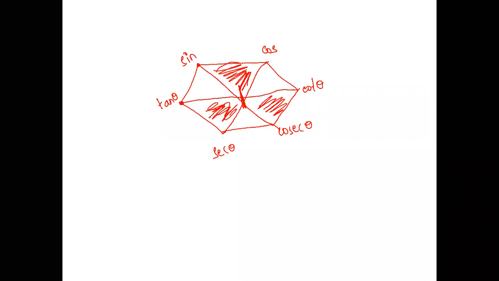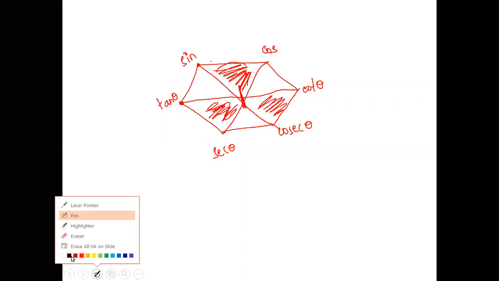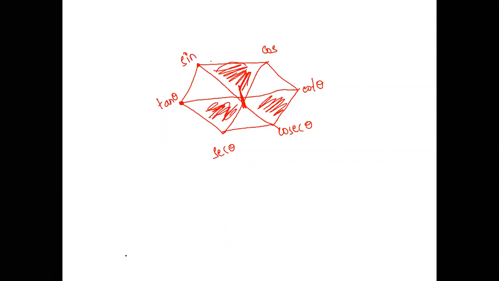In that triangle, if you take it in a clockwise direction, you'll get your trigonometric identities. Going clockwise, what do you have? Sine, cos and 1. So first add the squares of the first two. So sine square theta plus cos square theta is equal to 1.